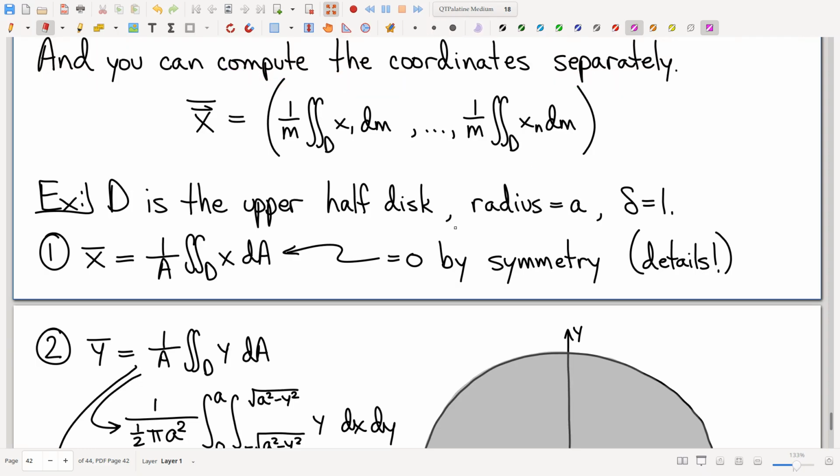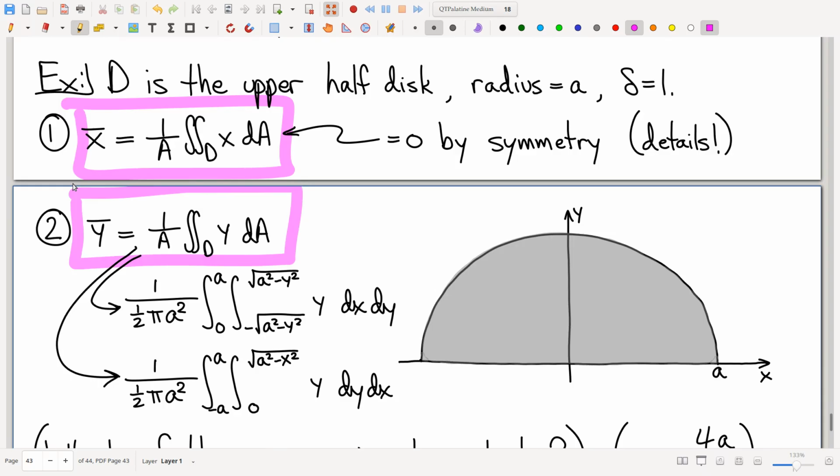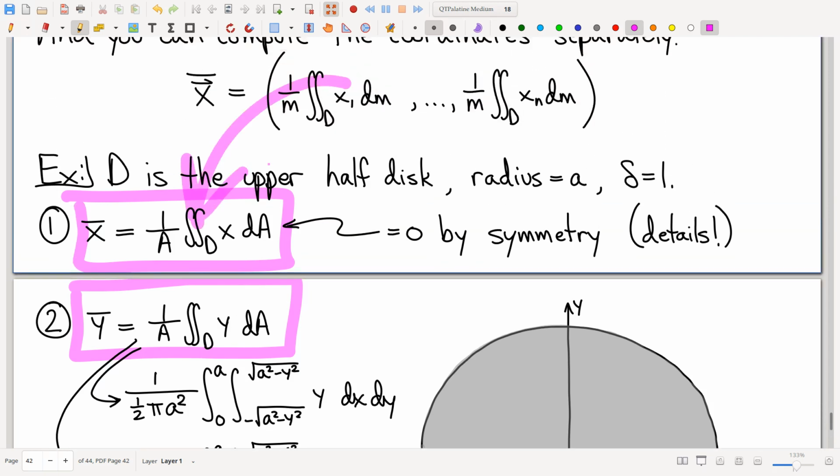For example, here we have a two-dimensional region, and we're going to compute the x-coordinate and the y-coordinate of the center of mass, totally independent of each other, totally separately, just copying the formulas from up here. So that gives that one, and that gives that one. Everybody happy?